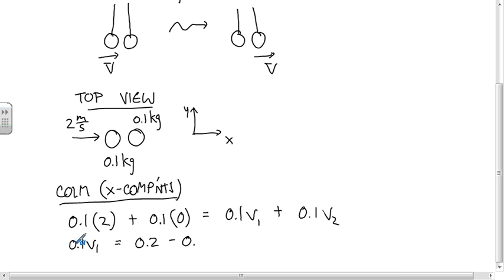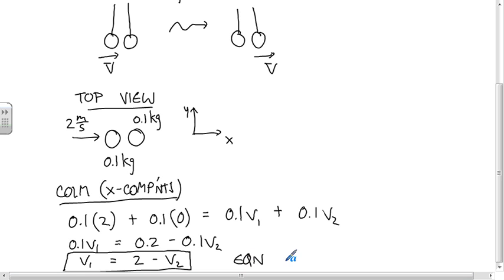So if you rearrange that, you get 0.1 V1 is equal to 0.2 minus 0.1 V2. And then multiply everything by 10 and you get V1 is equal to 2 minus V2. So that's our equation 1b.